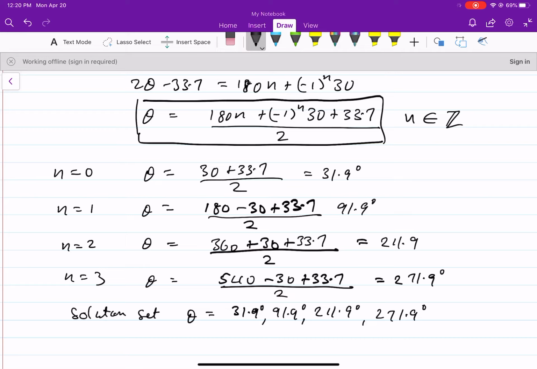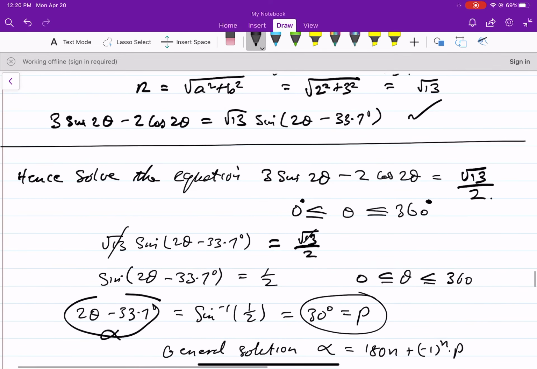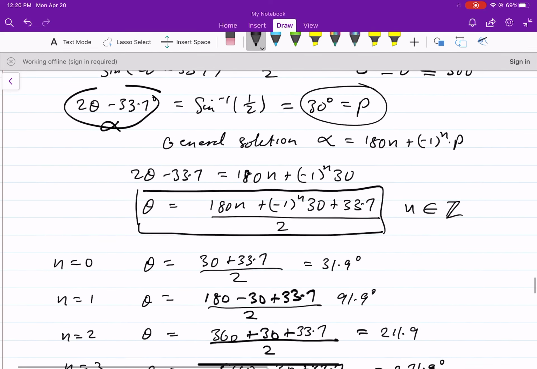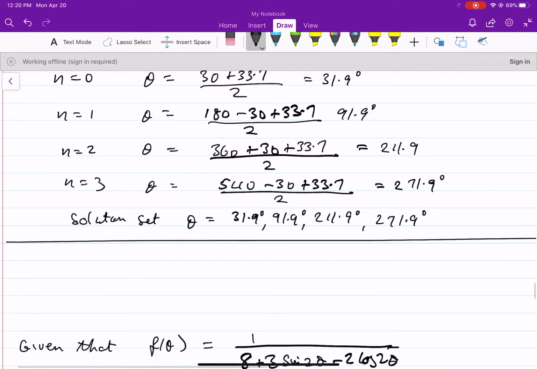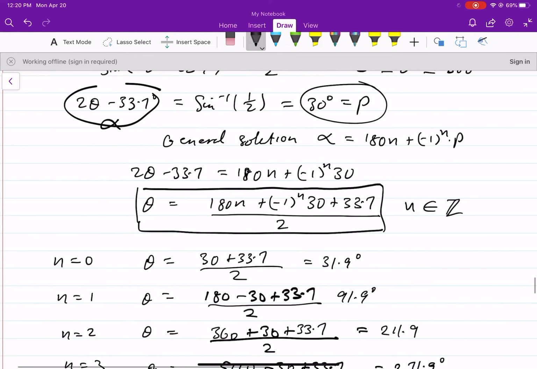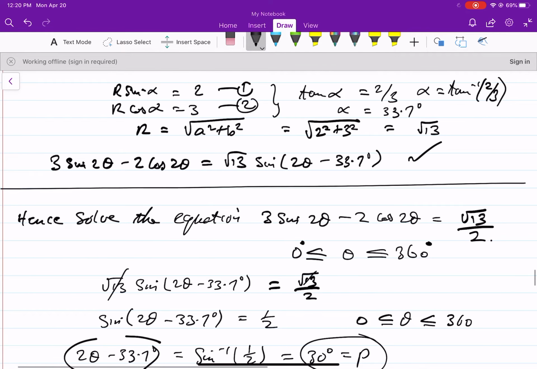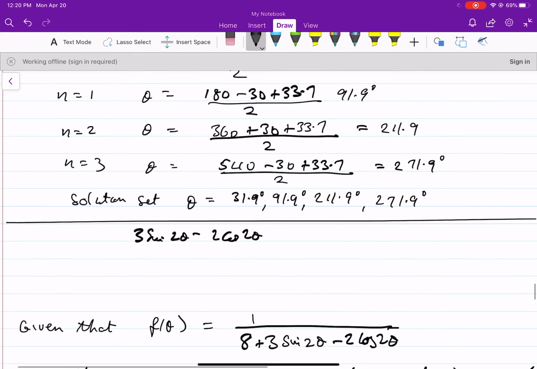I'll check one. You know, I'm prone to making errors, so let me check one back into the original equation and see what happens. The original equation was 3 sine 2 theta minus 2 cos 2 theta is equal to root 13 upon 2.